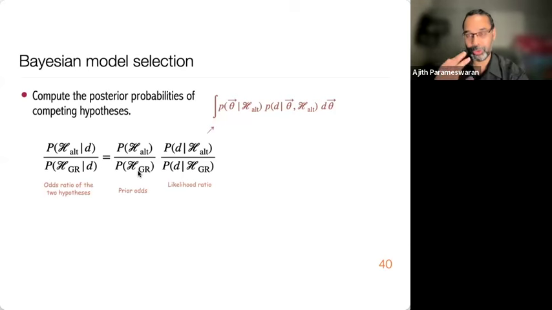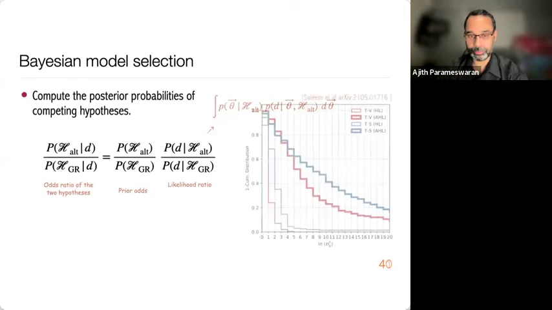So if an observation wants to claim that GR is wrong and some alternative theory is correct, it had better have a very large likelihood ratio supporting this alternative theory. And how do you compute this likelihood ratio? You have certain parameters theta for this theory, and you can marginalize the likelihood of that theory over the parameters, like what we did earlier.